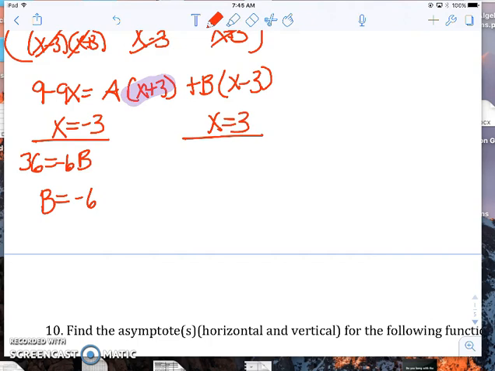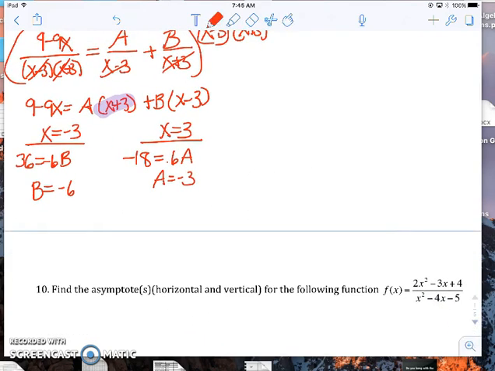So 9 minus 9 times 3, so that would be negative 18 equals 6a. 3 minus 3 is 0, so in this case a equals negative 3. So then we have to make sure we plug it back into our correct. So a is above x minus 3, so negative 3 over x minus 3 equals our b, negative 6 over x plus 3.